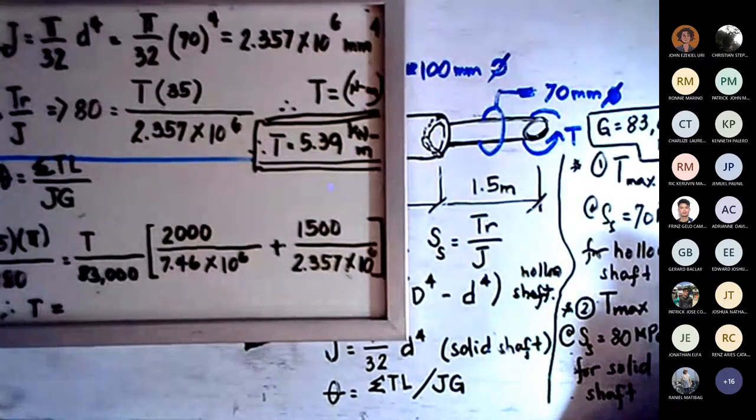Okay, 1,500 divided by 2.357 divided by 10 to the 6th plus 2,000 divided by 7.46 times 10 to the 6th. Divided by 83,000.